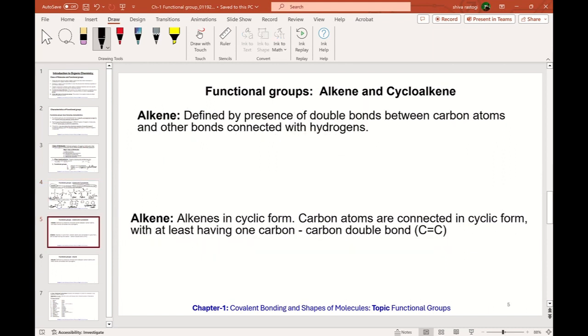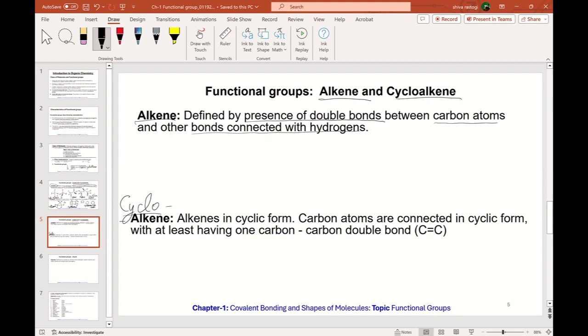And next is the functional group alkene and cycloalkene. So alkene, and then here we'll talk about the cycloalkene. Alkenes are defined by the presence of a double bond between the 2 carbon atoms, and other bonds are connected by hydrogen.